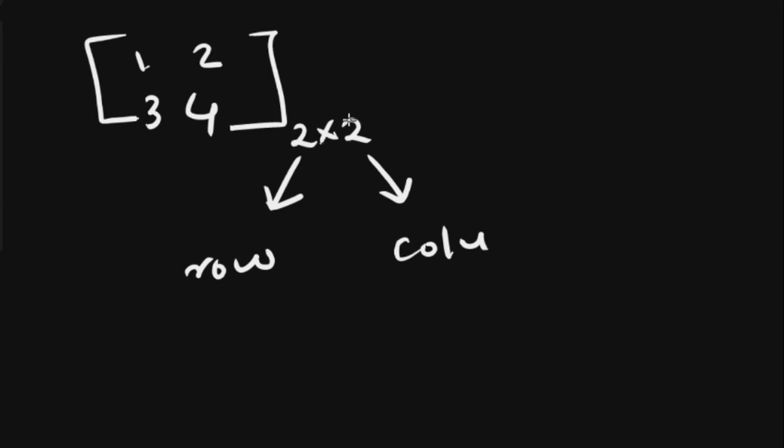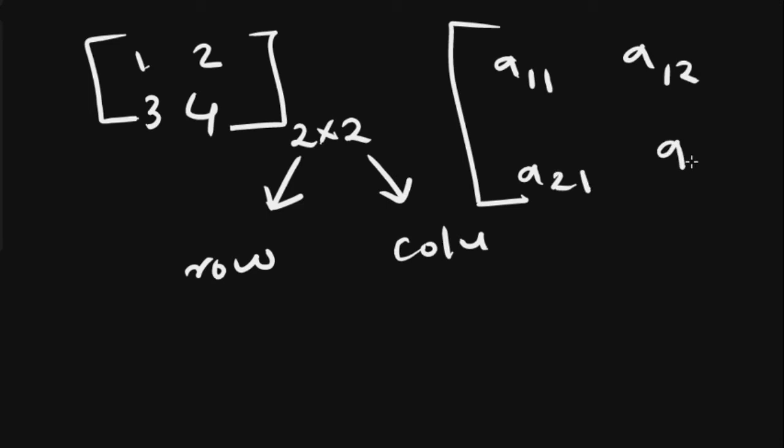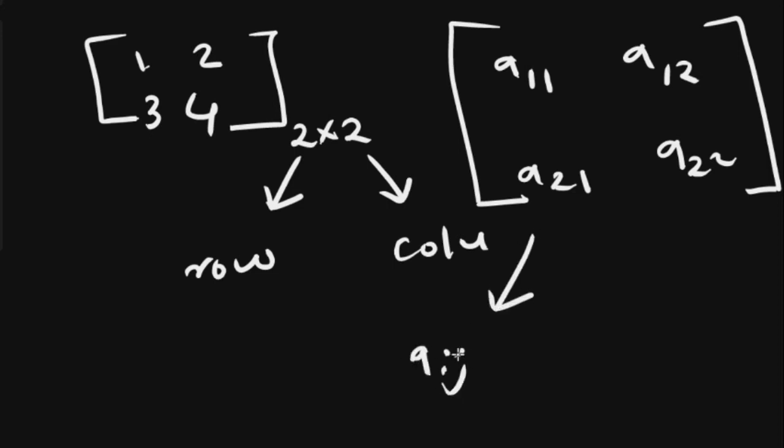If we need to represent this in notation format, we can say a of 1 1, a of 1 2, a of 2 1, a of 2 2. So it is in the form of a of ij, where i is the row number and j is the column number.